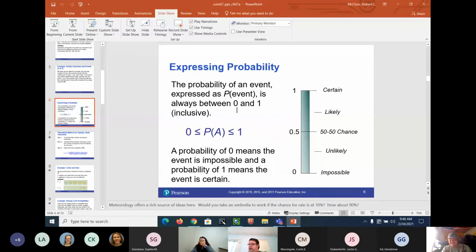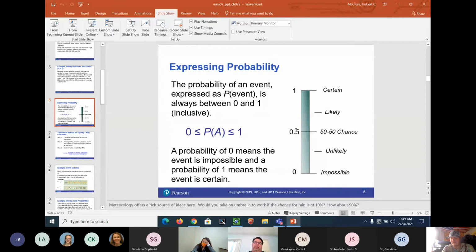All right, so here we go. Here is the scale from 0 to 1. I'm not going to spend a lot of time on that, but you need to know it. Make sure you write this down. Now, why do they have decimals? Because probability is based on decimals, 0 to 1.